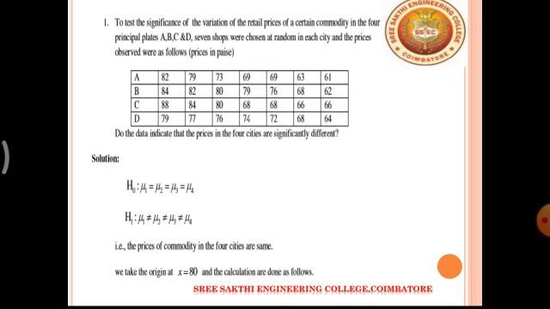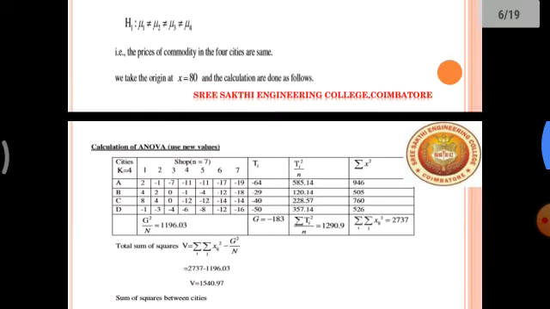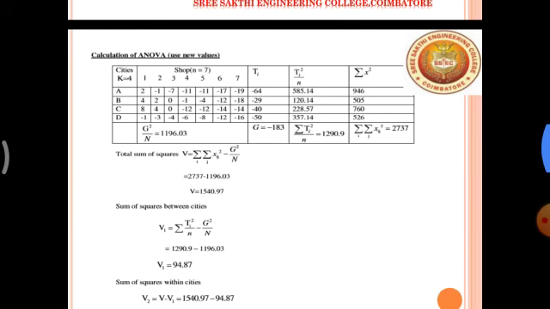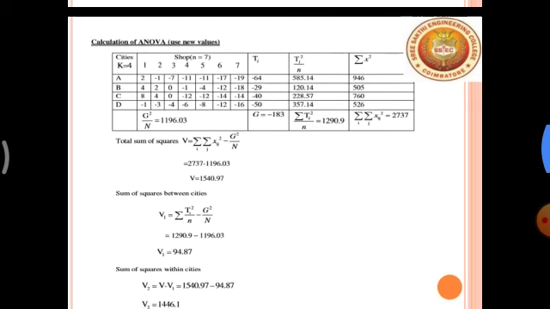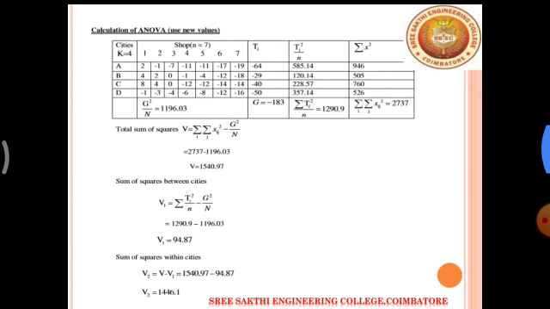Next, again we are using the assumed average, that is the origin, x equal to 80. If we subtract 80 from the given data, we get new values, that is 2, minus 1, 7, minus 7, minus 11, minus 11, minus 17, corresponding to the given data.